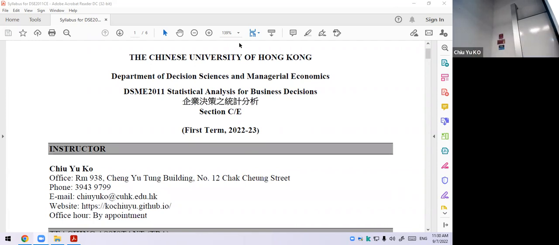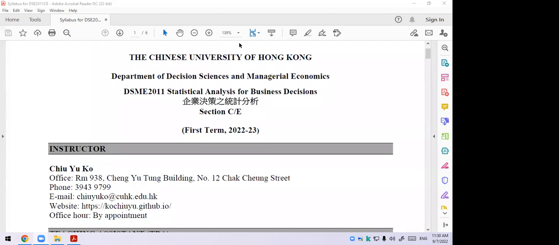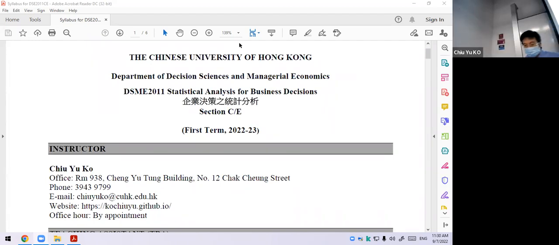So I guess we should start because of time. This is the first class for DSME 2011, with the Monday class canceled because of the inauguration ceremony. But it shouldn't affect our schedule.